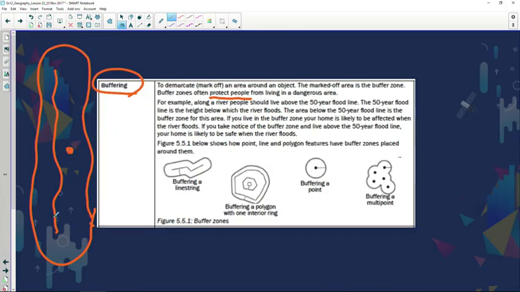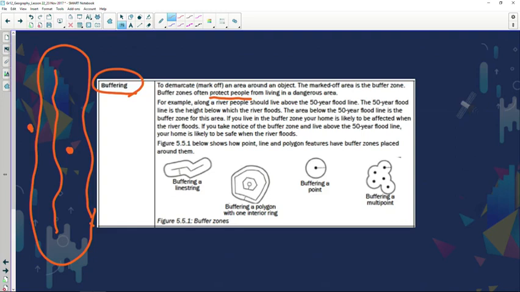Because if you're going to build your house over there and the buffer zone wasn't there, what happens during seasonal rainfall? The water level increases and you're going to experience flooding. It might put your life in danger. So the buffer zone is there to protect us. So they put a buffer zone around the river, so you can only build your houses far away from the floodplain.